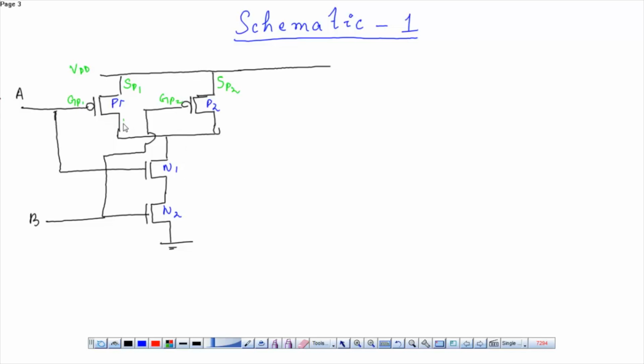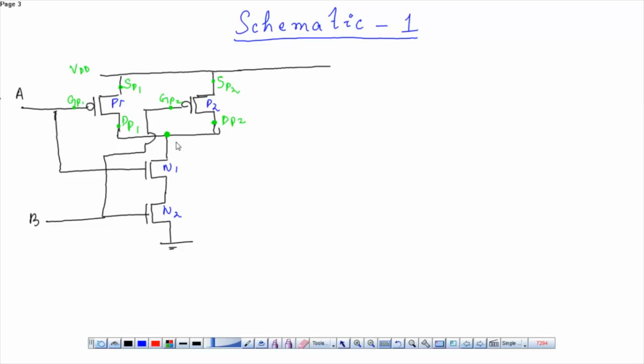This is drain of P1 and this is drain of P2. Now we can see that this is the common drain terminal and the output is always obtained from the connection of the PMOS drain and the NMOS drain.